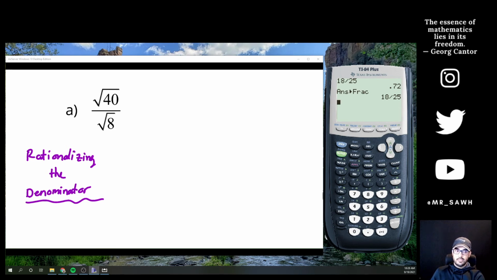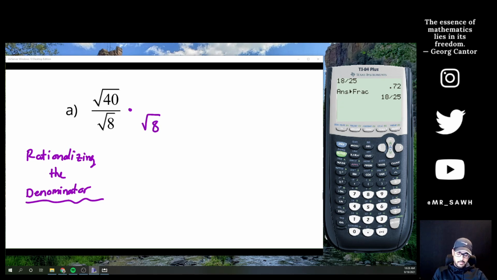Now I can't just erase it to make it go away. I actually have to do something to make it cancel. One of the things you can do in math that doesn't change the value of anything is multiply by 1. That 1 is going to take a very specific form, and it's always going to come from what's on the bottom of your fraction, the root sign on the bottom. That's really our problem.